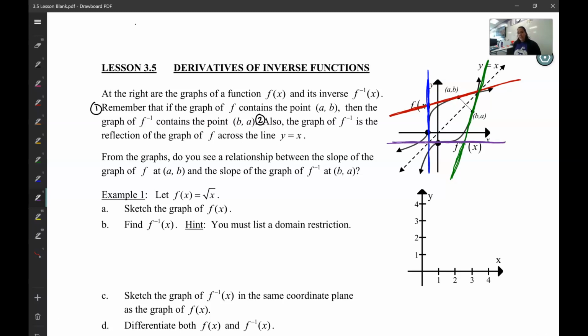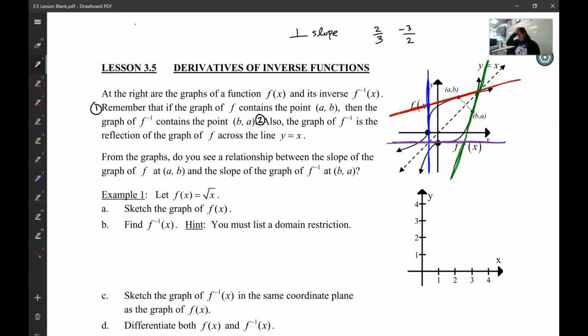What do you notice about the blue and the purple lines? Well, they're perpendicular. And if you remember, perpendicular slopes are opposite reciprocals. So if one slope is 2/3, the perpendicular slope is going to be -3/2, opposite reciprocals.